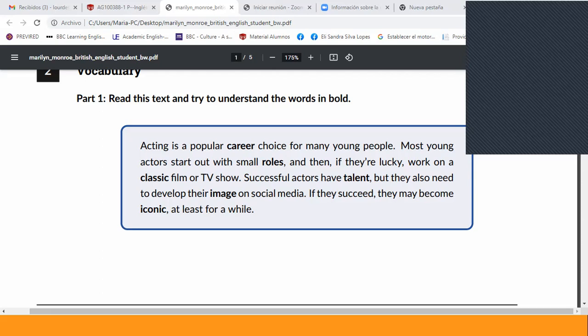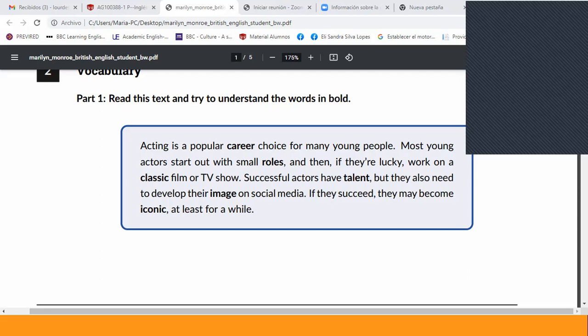Successful actors have talent, but they also need to develop their image on social media. Okay. Good. Loreto, go on. If they succeed, they may become iconic, at least for a while. Okay, iconic.